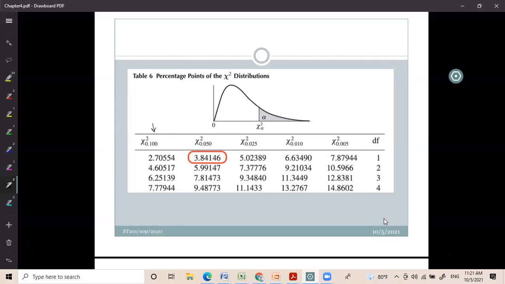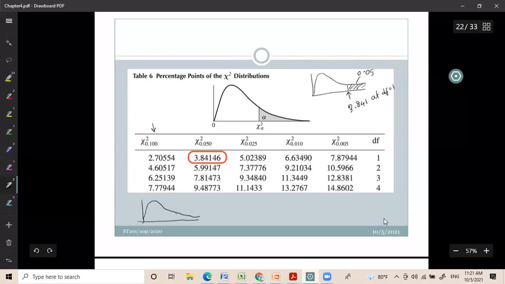Now in this example, 3.841 is the chi-square value if the tail probability is 0.05 at degrees of freedom 1. If I try another example, tell me this one.